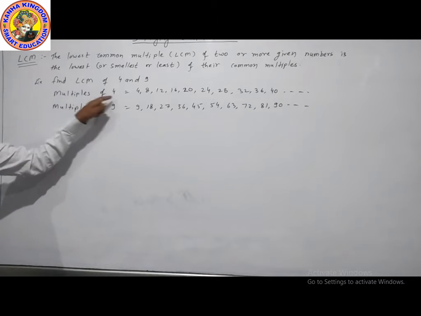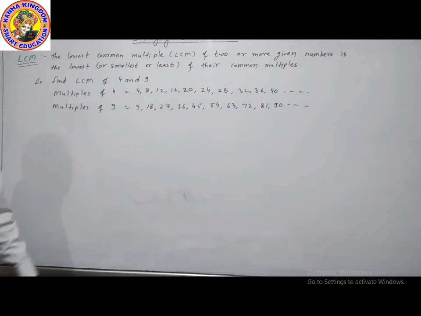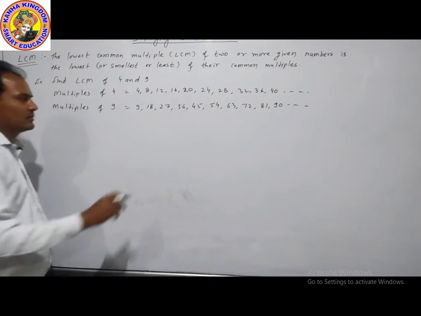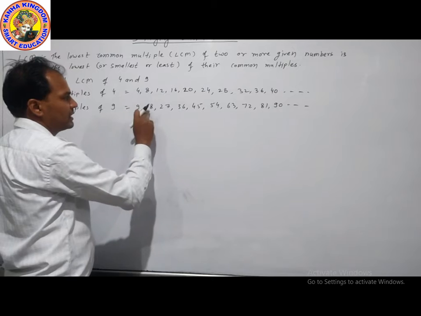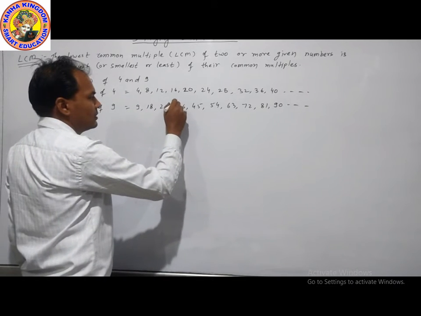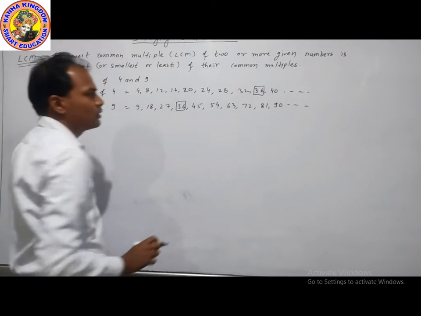I write down multiples of 4 and multiples of 9. Then the smallest common multiple: 9 is not here, 18 is not here, 27 is not here, 36 is common.